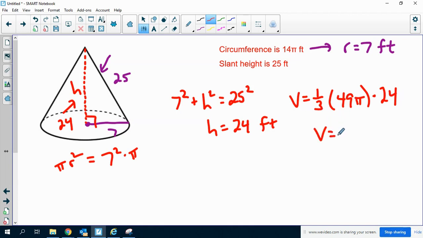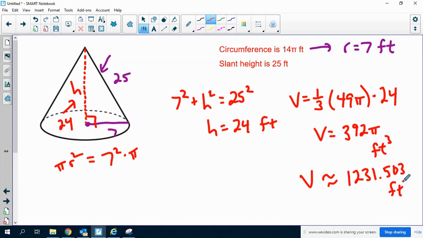So I really just end up with 49 times 8 times pi, which is 392 pi feet cubed here. And then that means that if I want to, I can type that in the calculator and get an approximation. So the volume approximation is 1,231.503 feet cubed.